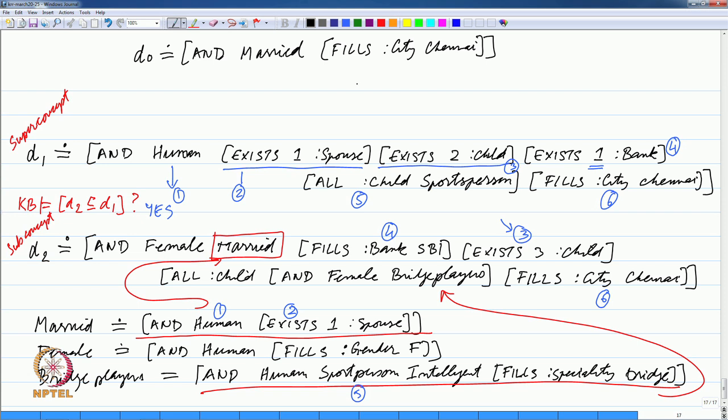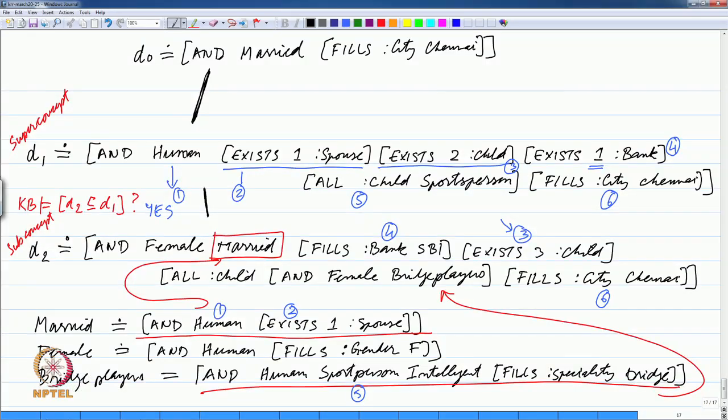So, we can draw a graph in which we draw the super concepts above the sub concepts, and then we have a graph which we call a taxonomy.